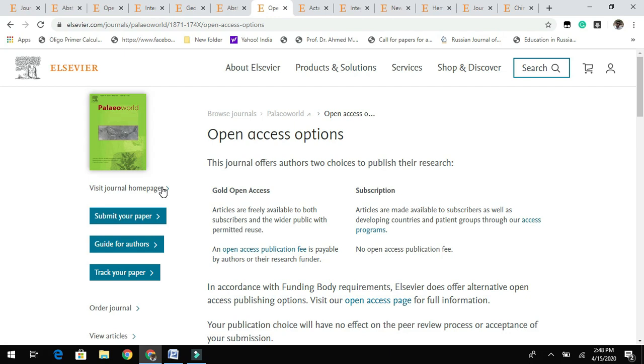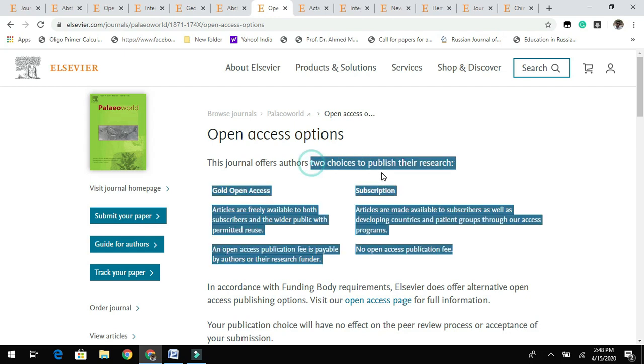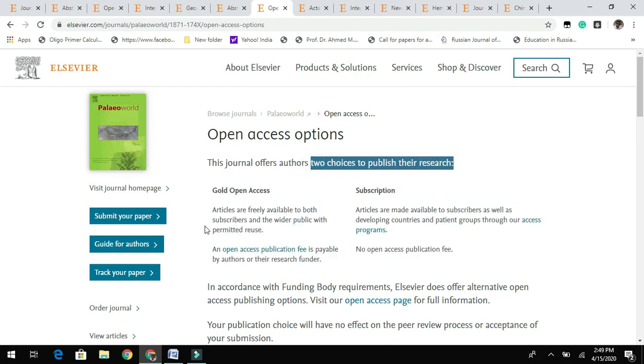So here this journal offers two choices of publication, as I mentioned earlier: gold open access publication, where authors need to pay the publication charges, and the other is the subscription-based policy, where there are no publication charges.